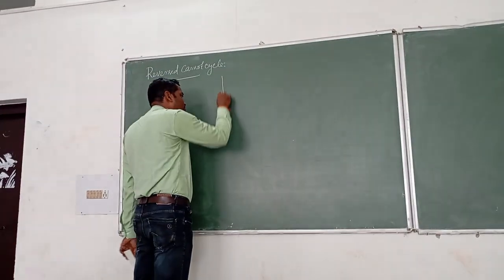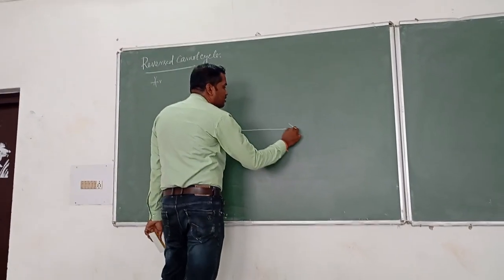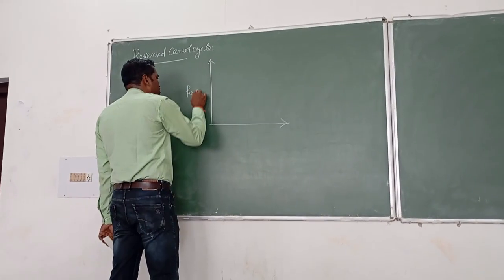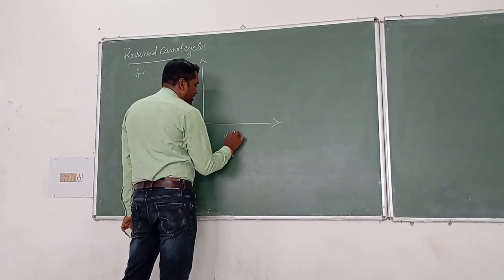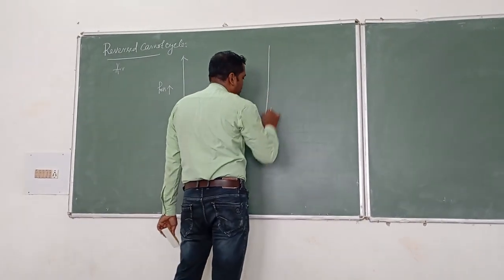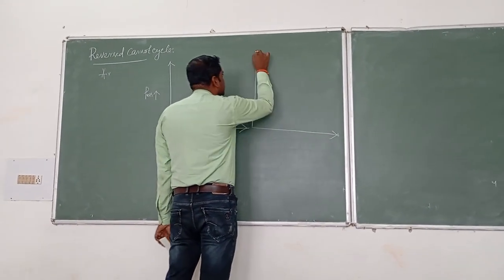Before we go to the reverse Carnot cycle, there are two diagrams: one is pressure versus volume, another one is temperature versus entropy diagram.